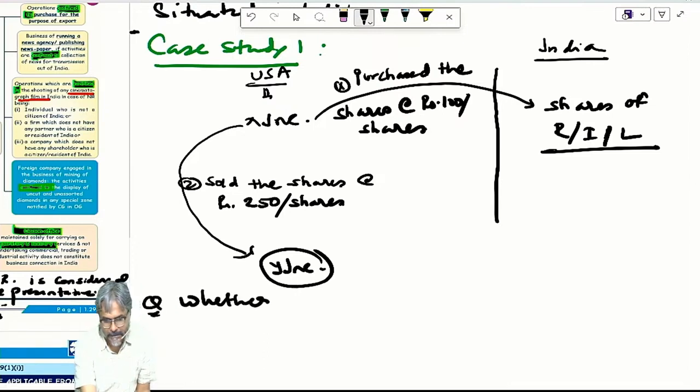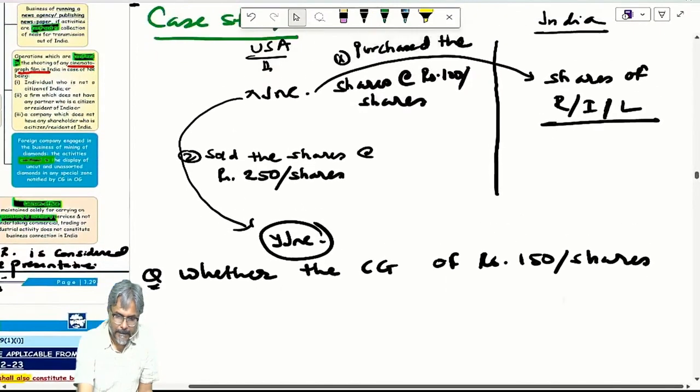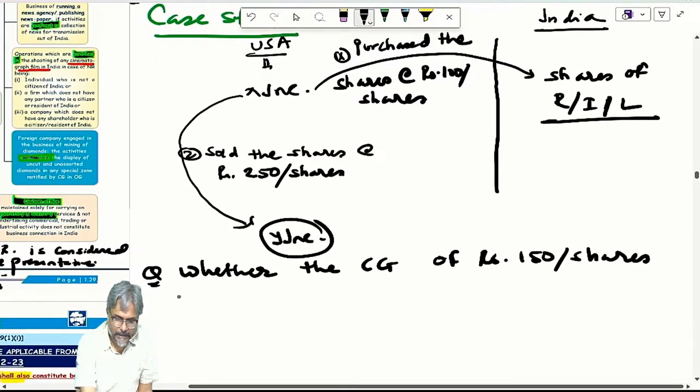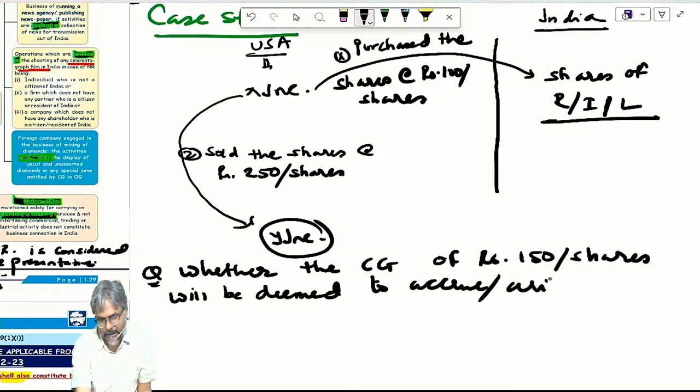Whether the capital gain of rupees 150 per share will be deemed to accrue or arise in India? This is the question.